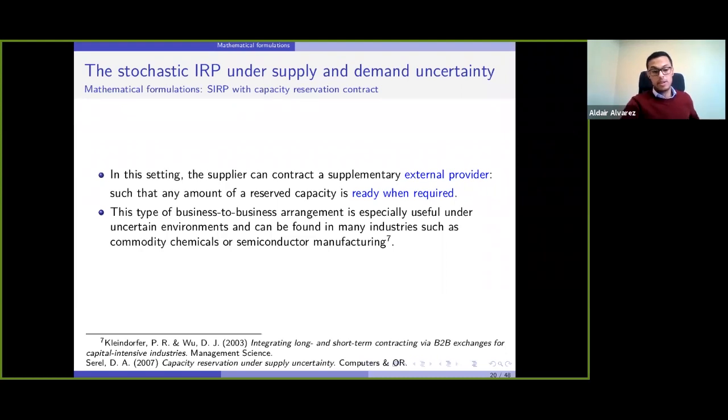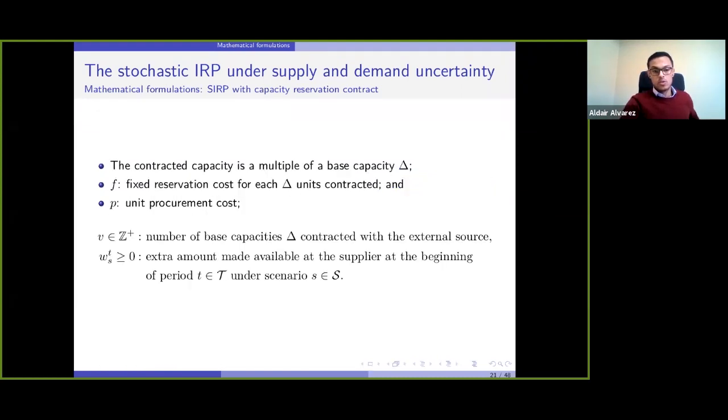So to model this case, this is important: the contracting capacity has to be a multiple of this base capacity delta. We are offered that delta capacity, and we can reserve it multiple times. So the capacity that we reserve is an integer multiple of this quantity.